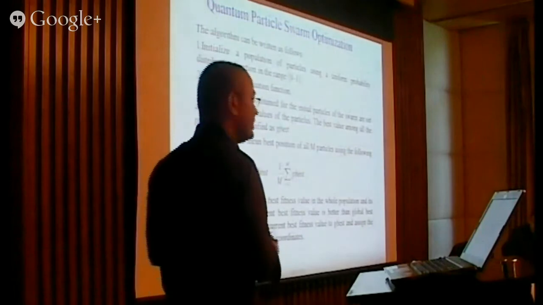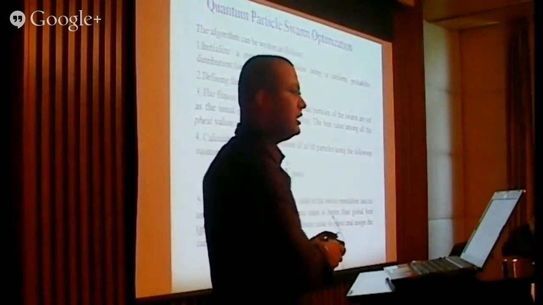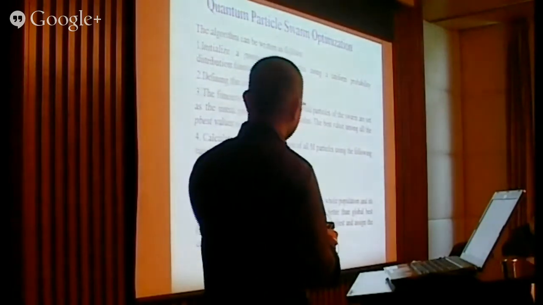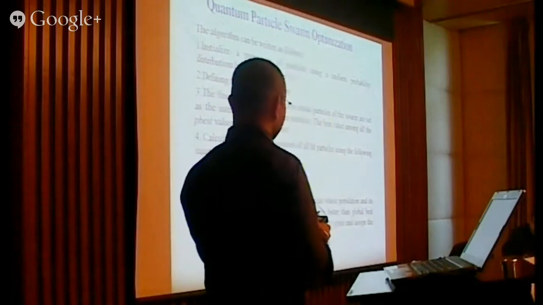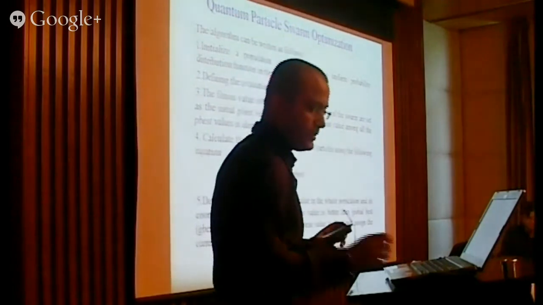Now it determines the current best fitness value in the whole population. If the current best fitness value is better than the global best, then assign the current best fitness value to gbest and assign its coordinates to the gbest coordinates.